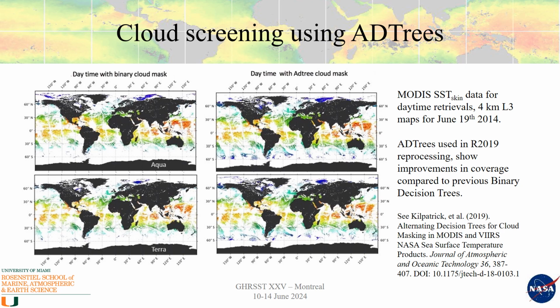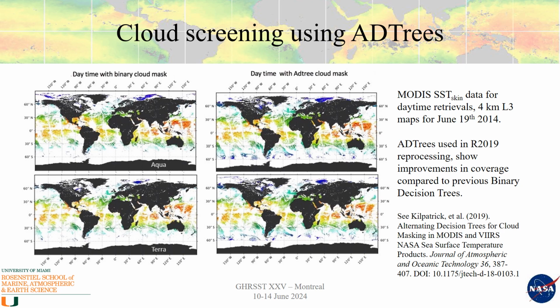It soon became apparent that this was far too stringent a set of tests, and so we turned to an alternative approach based on machine learning, which was given large numbers, hundreds of thousands, of matchups between the brightness temperature measurements and in situ measurements, more of this later, to determine an alternative approach, which became known as the alternating decision trees.